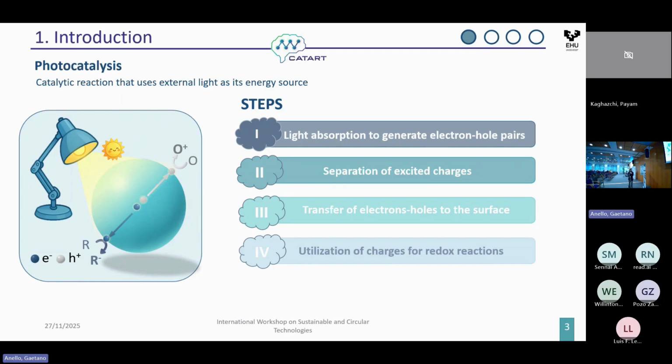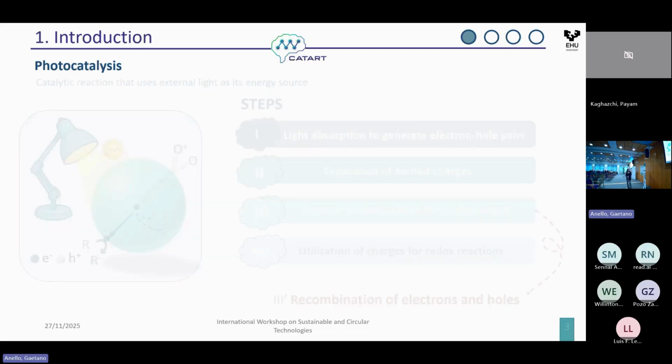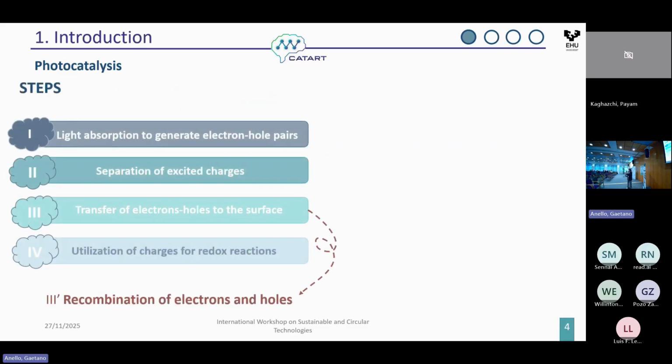This is how a perfect photocatalytic material would work, but we also have the problem of recombination of these electrons and holes. This recombination leads to a deactivation and lowers the efficiency of our reaction. So we need to find some materials and somehow modify them in order to have less recombination of these electrons and holes.